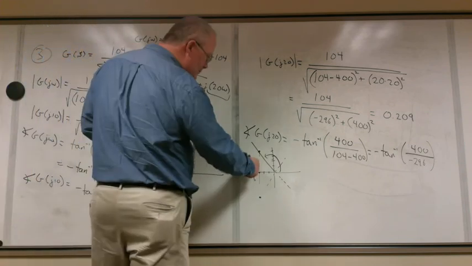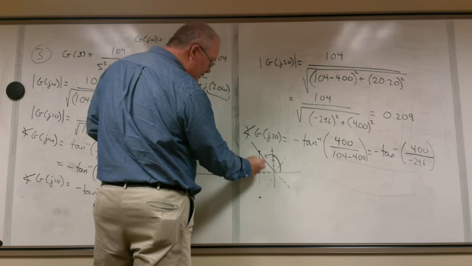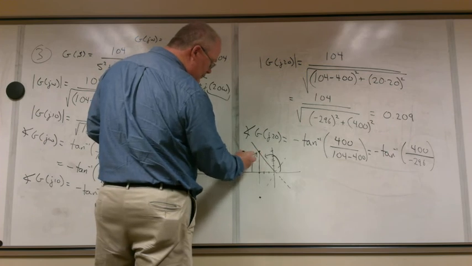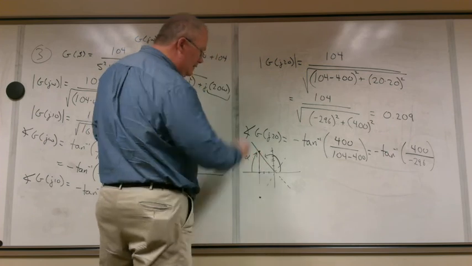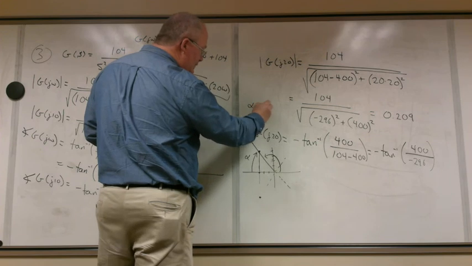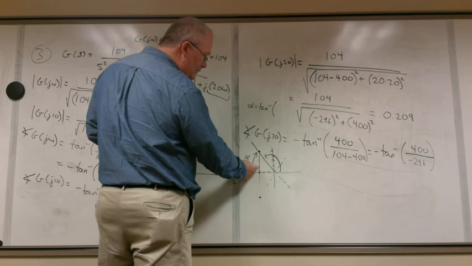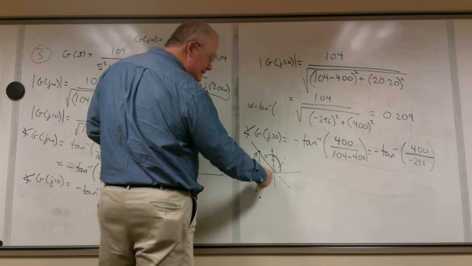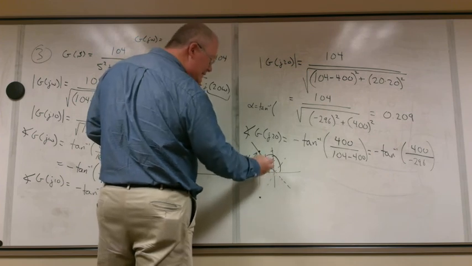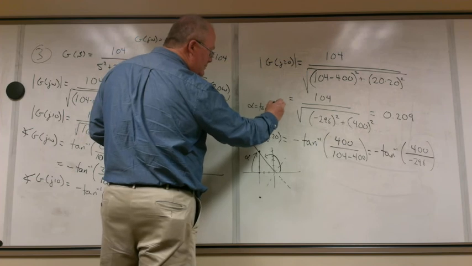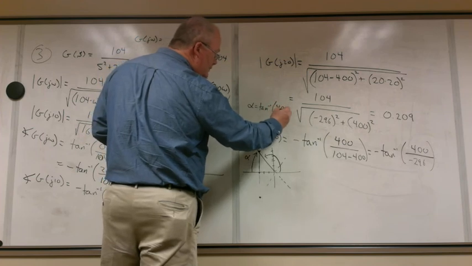If you do it this way, what I take a look at is, okay, what's this angle? Let's call that alpha. Alpha is equal to the inverse tangent of, well, this side is going to be 400 and this side is now 296, and I can do it as a positive because I'm getting this angle. So it's going to be 400 over 296.